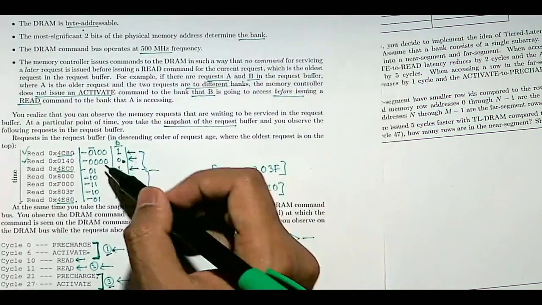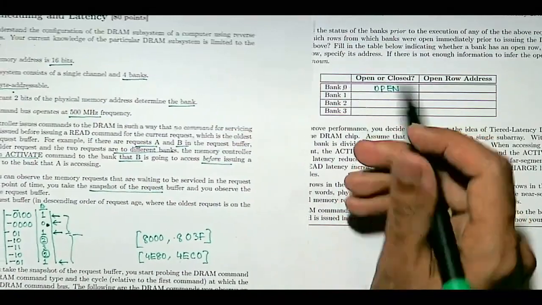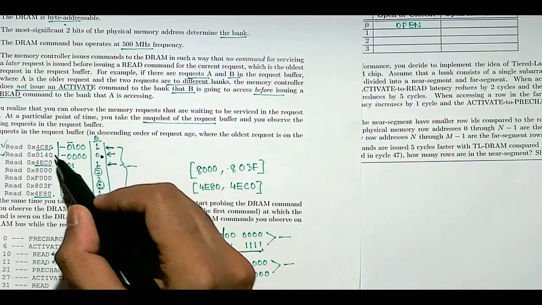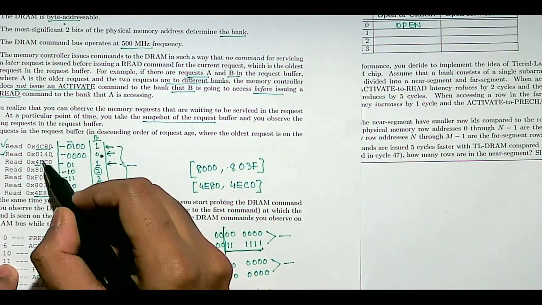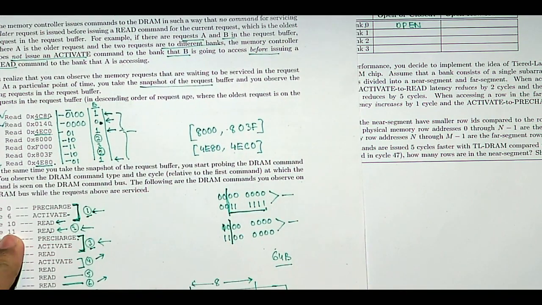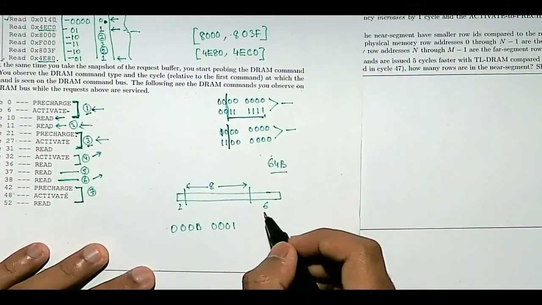So now if you calculate this for bank 0, this access is 0140.